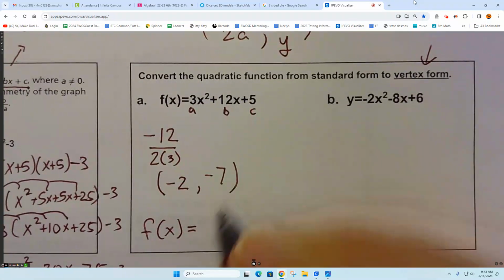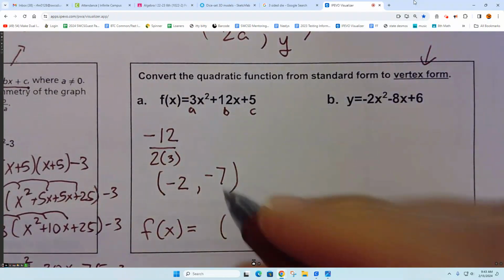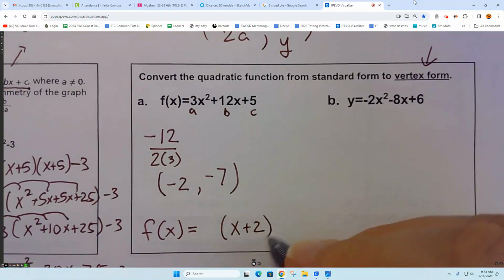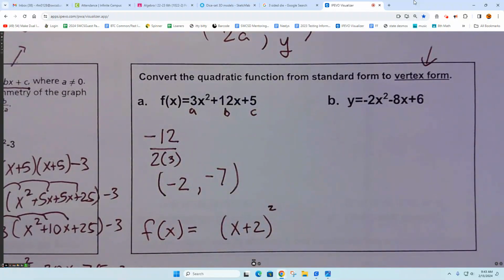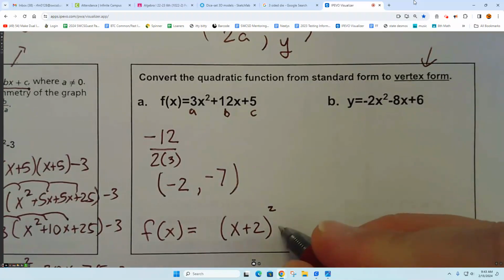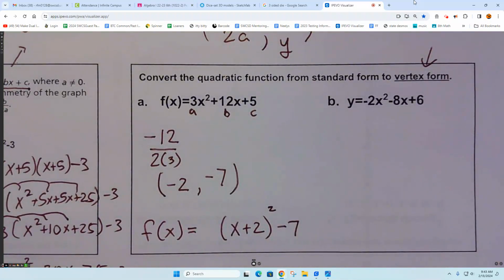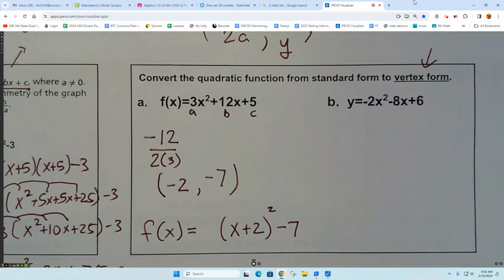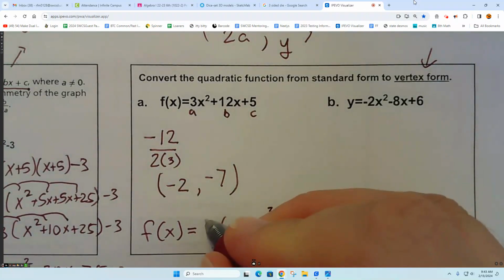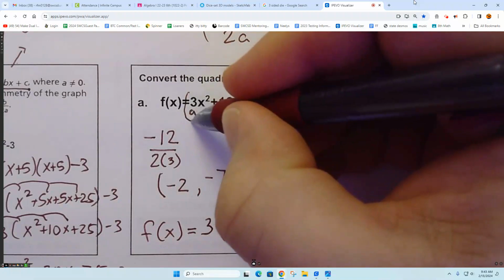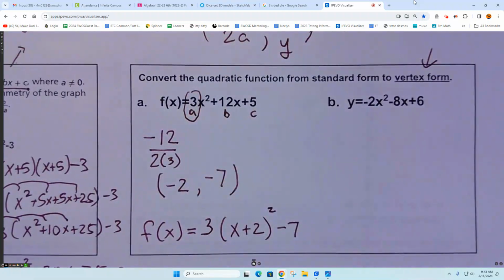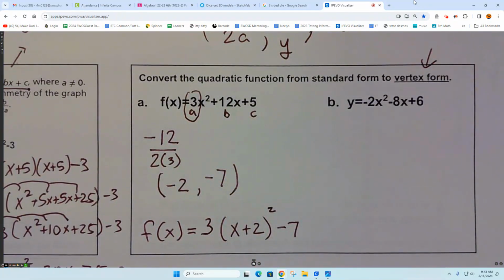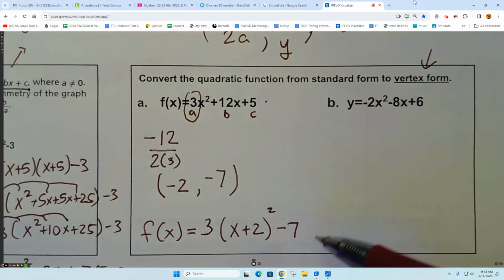X plus 2. I'm leaving space here for my a, which I don't know. X plus 2 squared minus 7. What is our a? I already told you what my a is. My a is 3. My a is the same as this a. How could we check these? I could type this into Desmos and this into Desmos, and it should be the same graph.